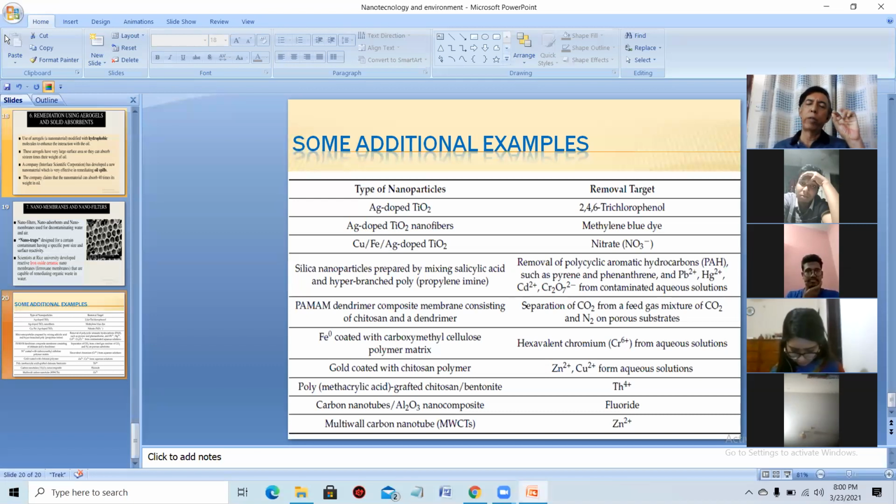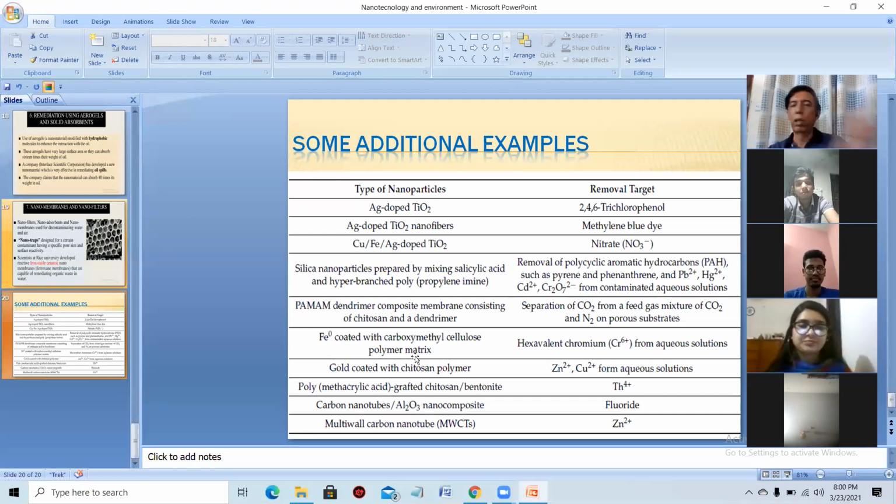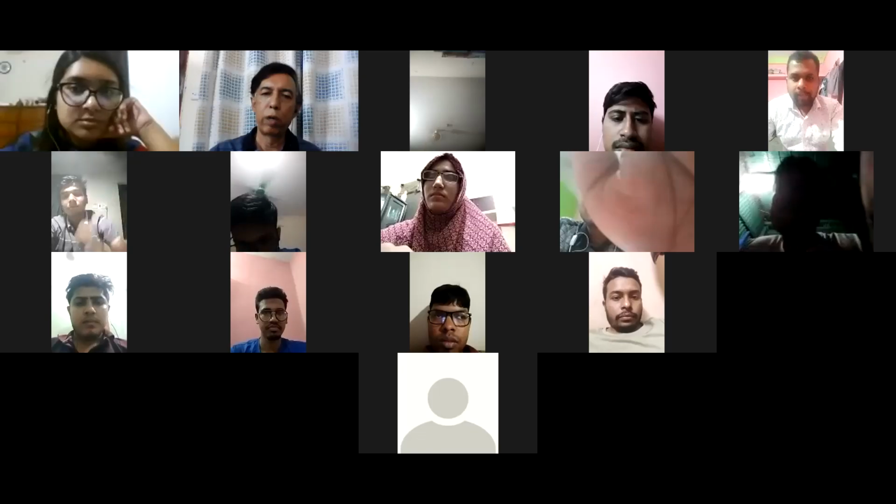Some portion of that, for example the iron shell and core nanoparticle I told you about, is used to separate some heavy metals or chlorine-based pollutants or contaminants. But the maximum of them is in the research stage. So this is the end of this chapter.